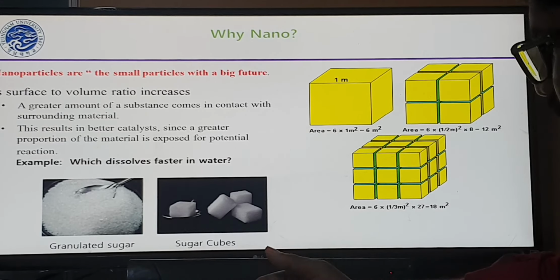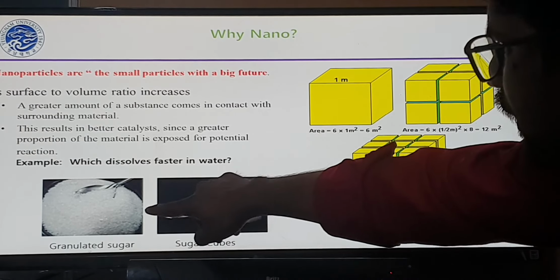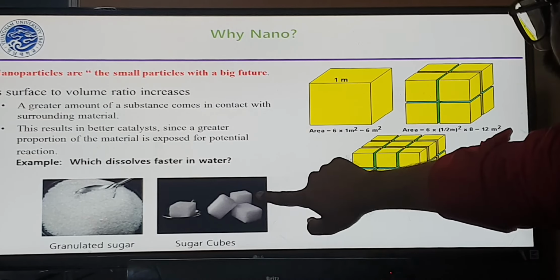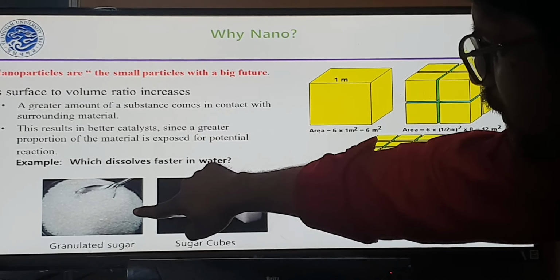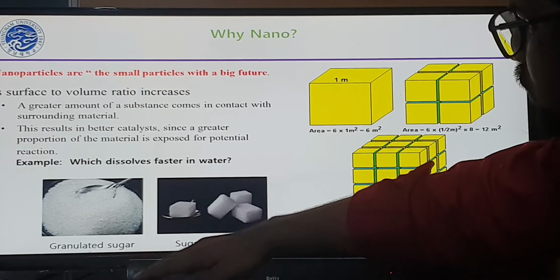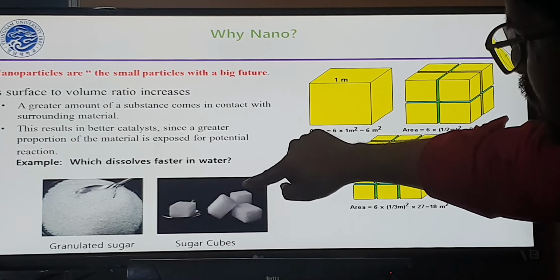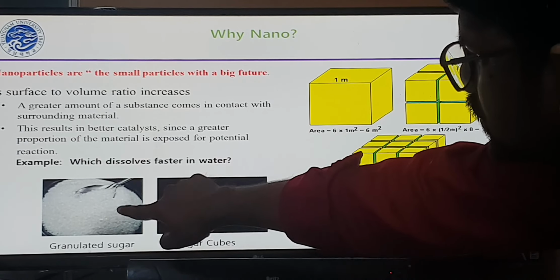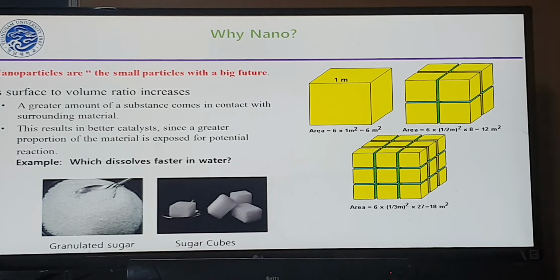Because of the high surface area, it easily dissolves. So this is the bulk material, and this is not exactly a nanomaterial, but if you observe the size difference, this size comes to this size, so this sugar can be dissolved faster.